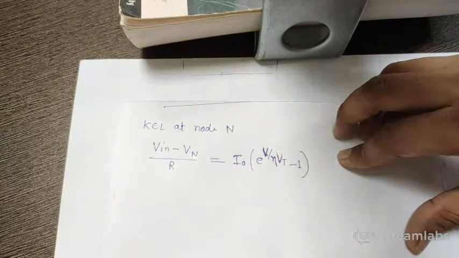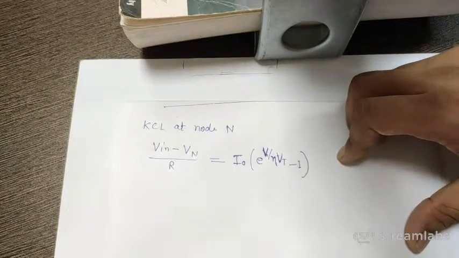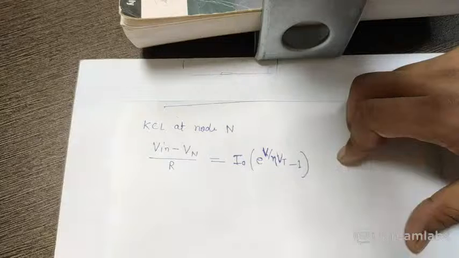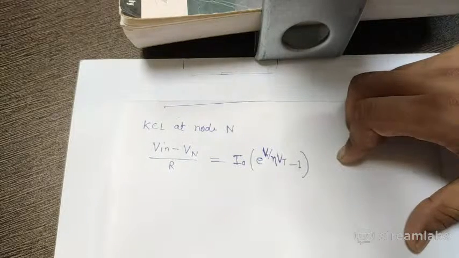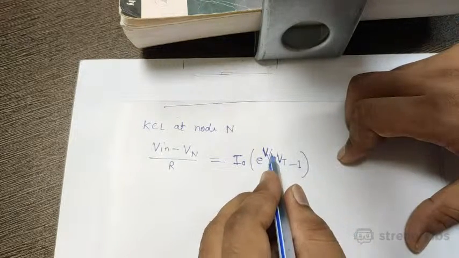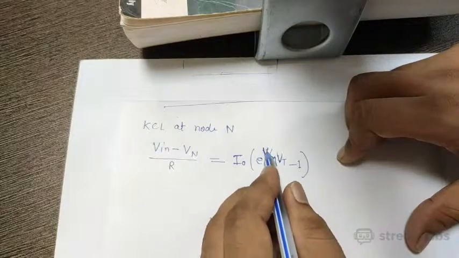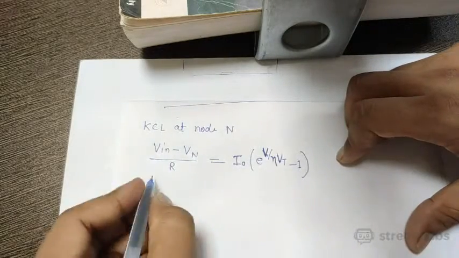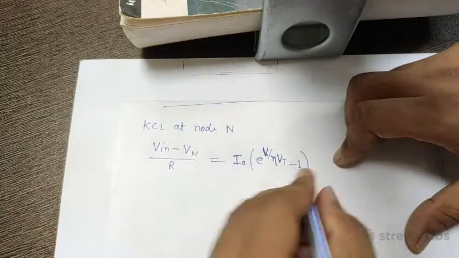So this voltage V will be equal to Vn minus V naught. In fact, this is the actual voltage across the diode.